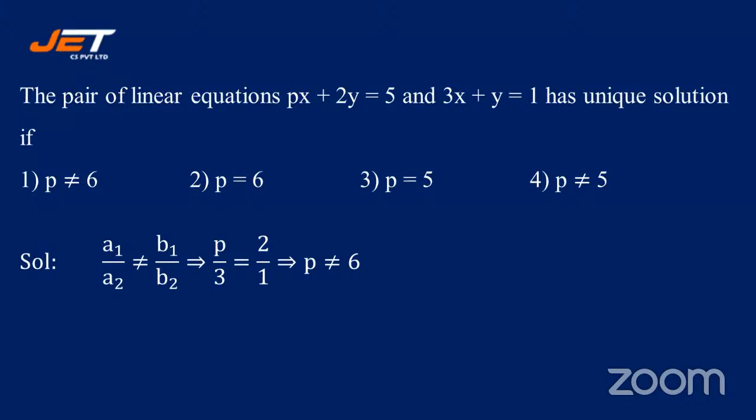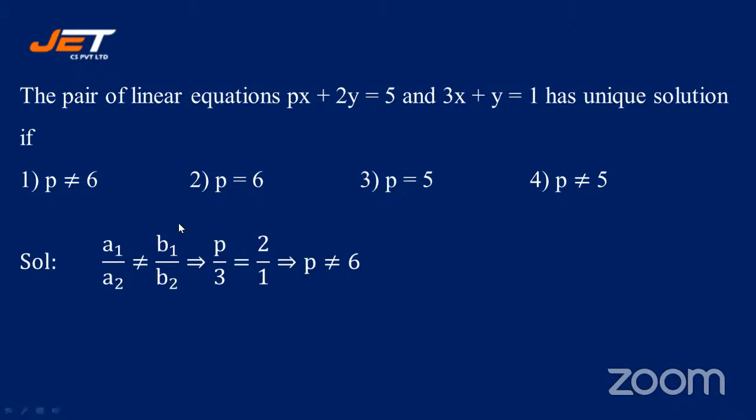So p by 3 is equal to, what is B1? Coefficient of y in the first equation is 2. And what is B2? Coefficient of y in the second equation is 1. So p by 3 is not equal to 2 by 1, which implies p is not equal to 6.